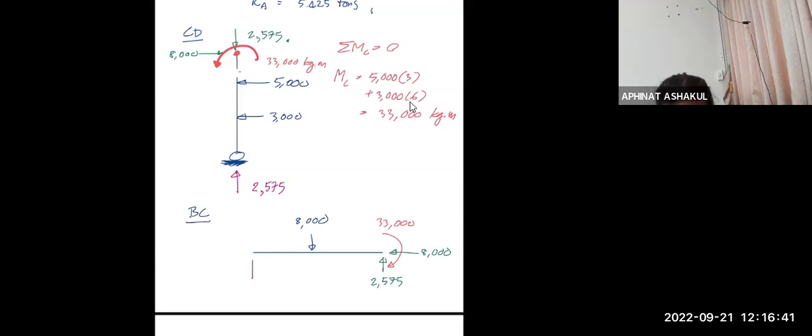So using sigma Fy equal to 0, this load, say VBC, is 8,000 minus 2,575, which incidentally is equal to the reaction at A. Okay, so this is 5,425.